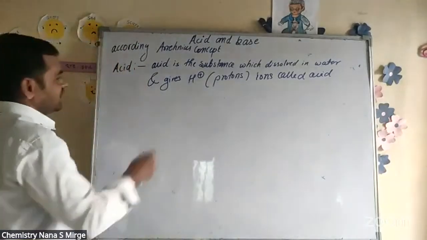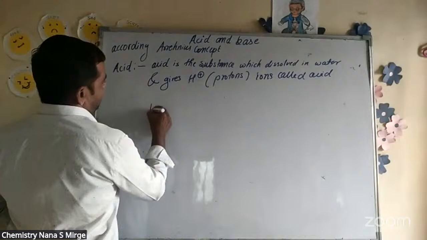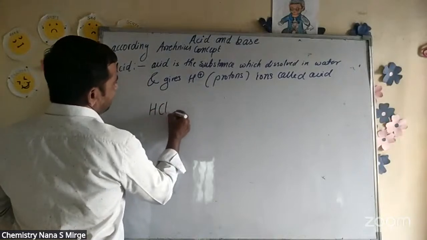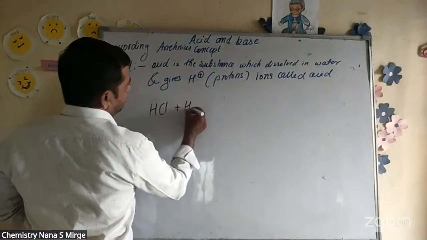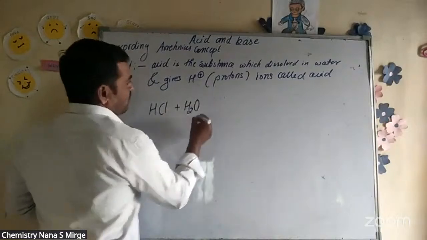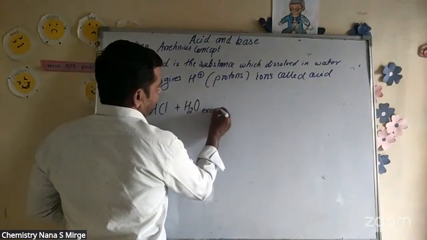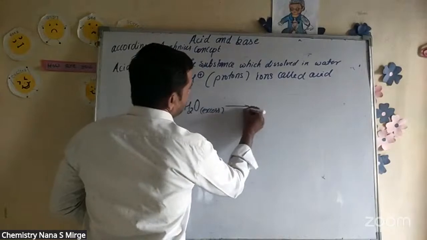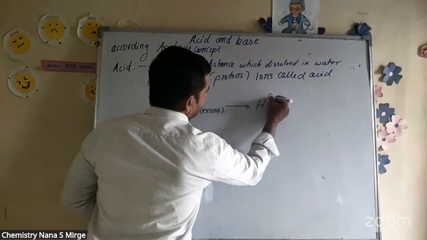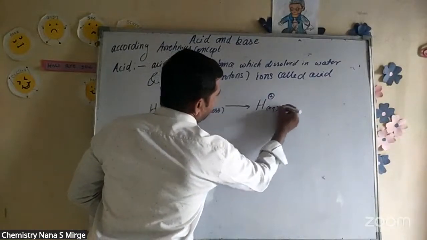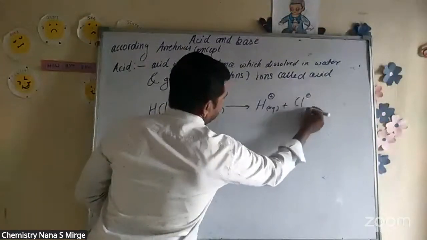Suppose you have HCl, hydrochloric acid, dissolved in water. Water as solvent is important because, in excess water, it gives H plus ion in aqueous form and Cl negative ion in aqueous form.